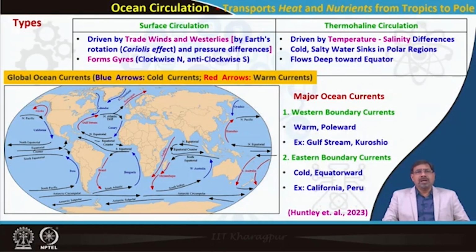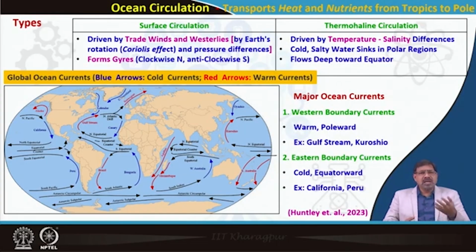So, global water currents, if you look at the figure, the blue arrows indicate the cold currents and the red arrows indicate the warm currents.